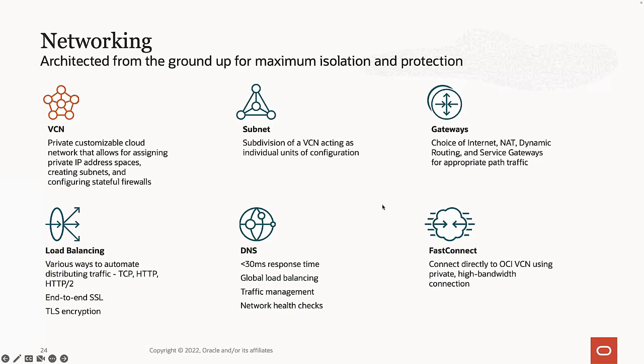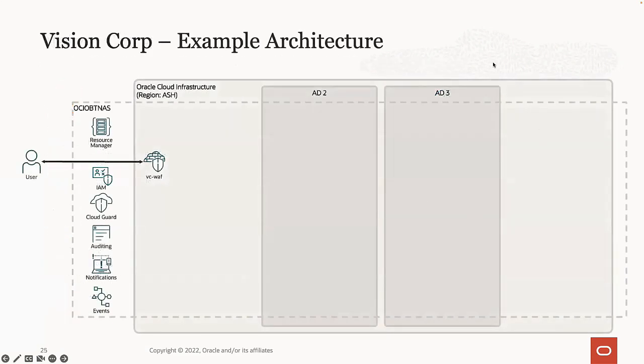So networking, again, foundational, is going to be fundamental to your infrastructure piece. And once we show you what that looks like in our Vision Corp setup, you can see how that could be used in a potential environment. So here we have the resources we've already provisioned within our architecture. And the first thing to note here is our virtual cloud network.